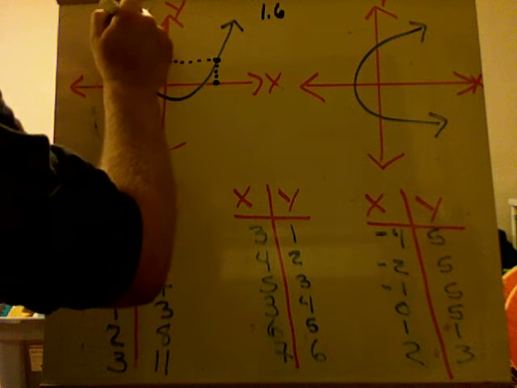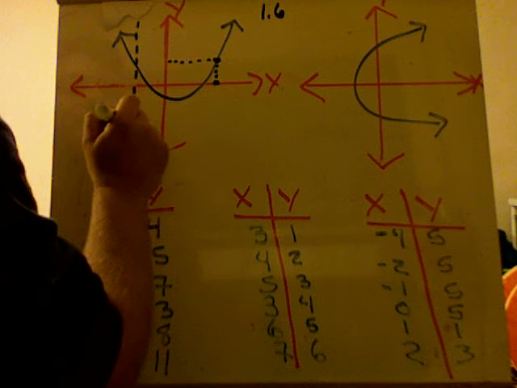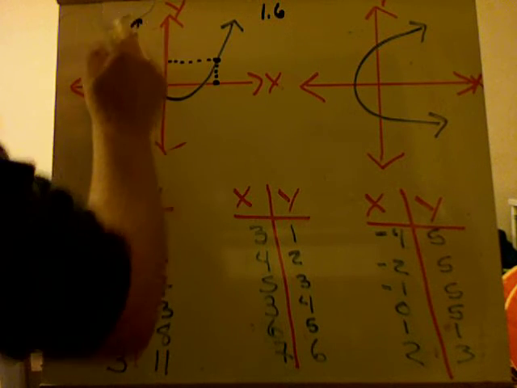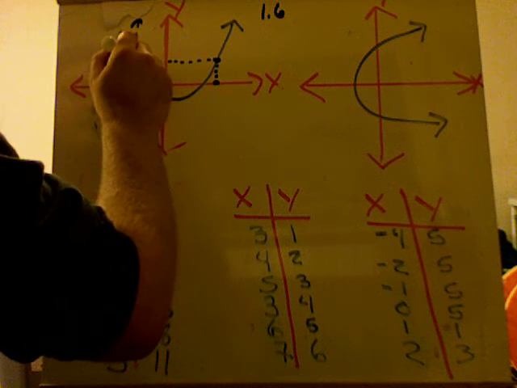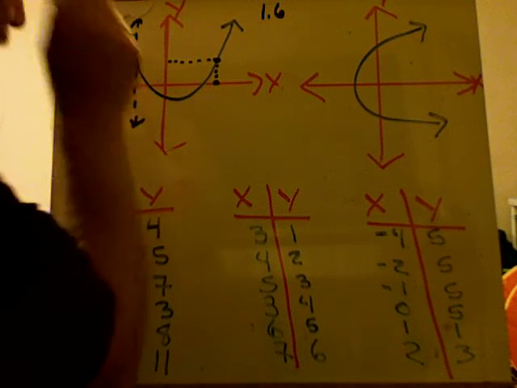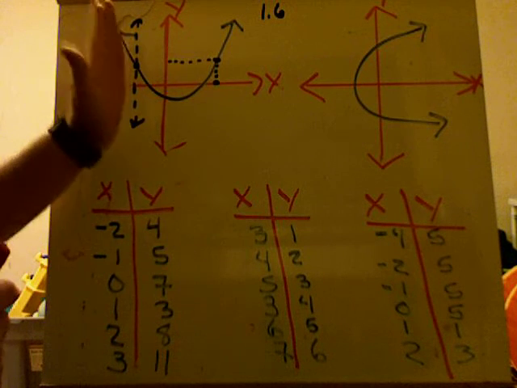Now if we draw a vertical line, or pretend to draw a vertical line, if I pass that graph only one time, then it passes the vertical line test. Because what that means is that every specific x value has only one possibility for a y.